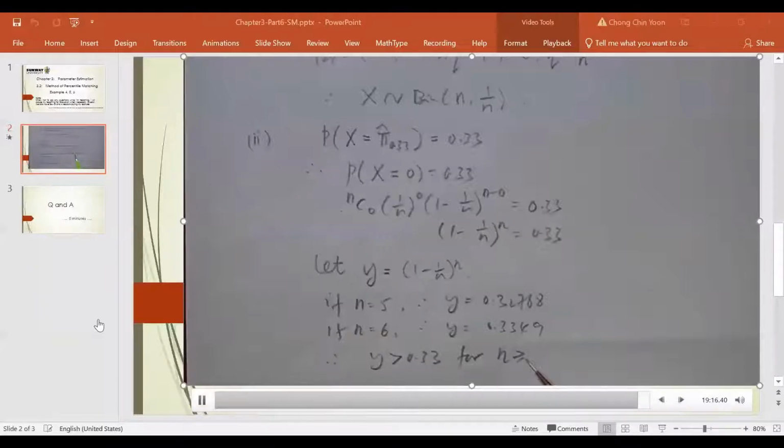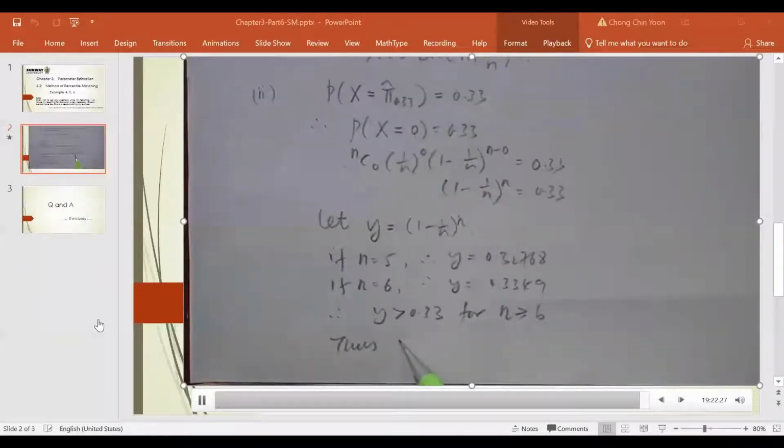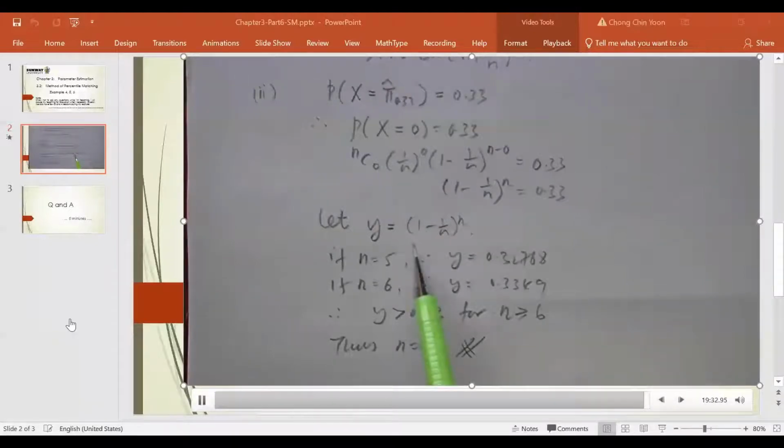Thus, n equal to 6 is the smallest estimate value that satisfies these requirements. Please take note that y is monotonically increasing. So whenever n is greater than 6, the y value will be greater than 0.3349. Therefore, n equal to 6 is the smallest value.